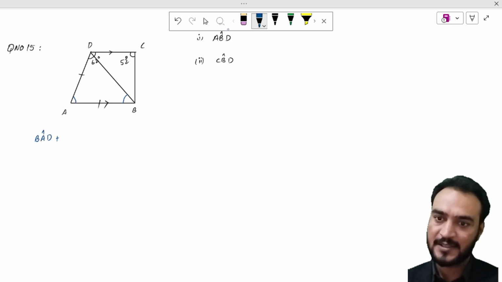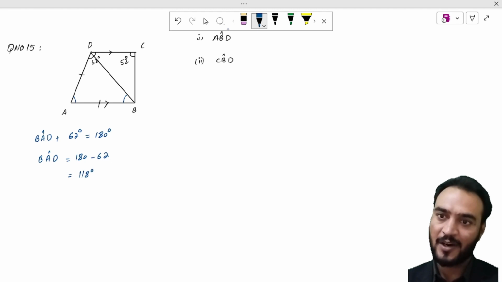So angle BAD plus angle 62 degrees is equal to 180 degrees. Subtracting 62 from 180, we get angle BAD equals 180 minus 62, which is 118 degrees. So the angle at point A, or angle BAD, is equal to 118 degrees.